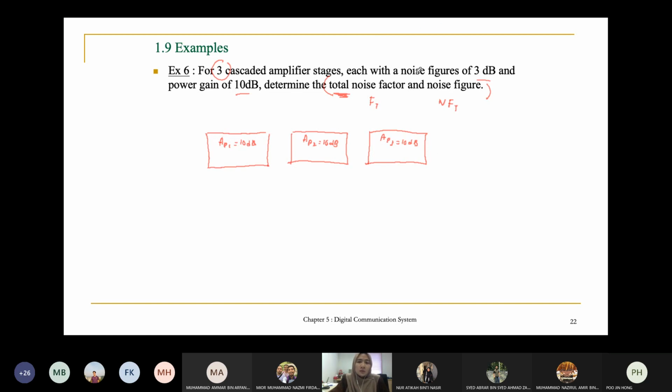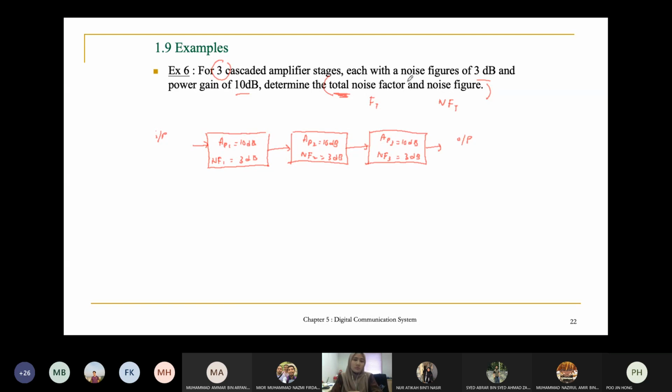Kalau dia bagi value yang berbeza, kena letak value yang berbeza lah dekat sini. And with a noise figure of 3 dB. So NF1 is 3 dB, NF2 3 dB, NF3 3 dB. This is the input, this is the output. The question asks you to calculate for the total noise factor and noise figure.